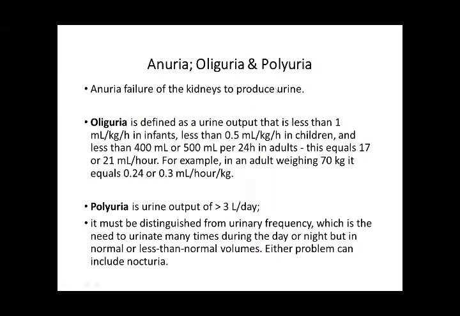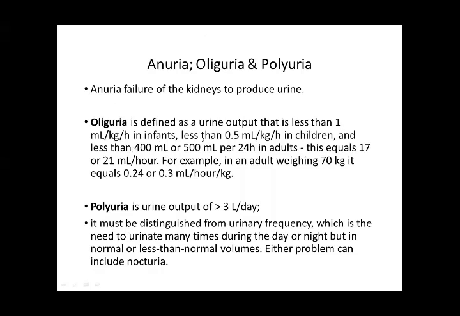Anuria is failure of the kidneys to produce urine. Oliguria is defined as urine output less than 1 ml per kilogram per hour. If it is a 70 kg person, then it will be less than 70 ml per hour, right? 1 ml per kg per hour means it will be according to the weight of the person.